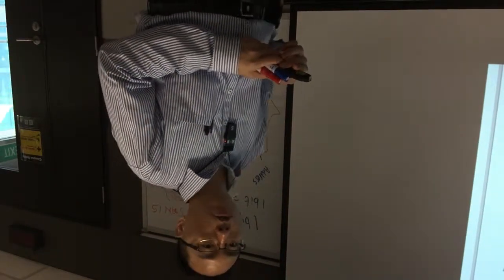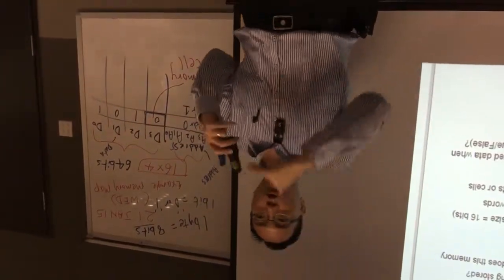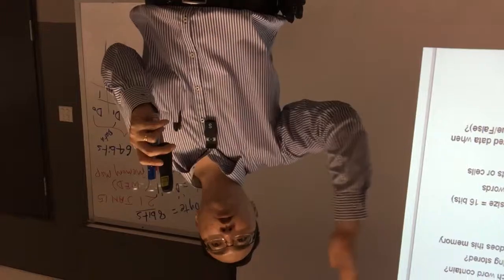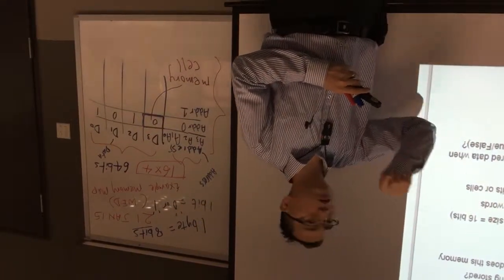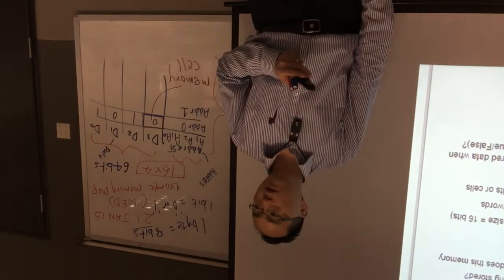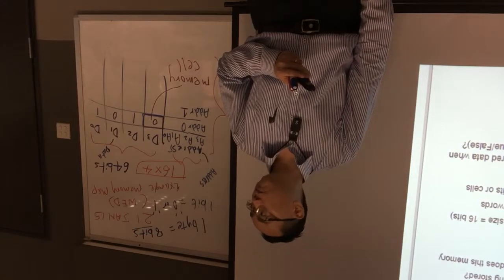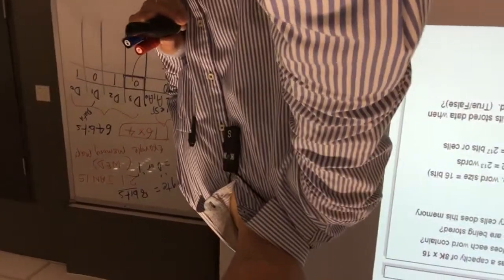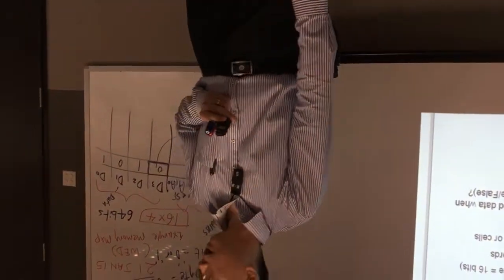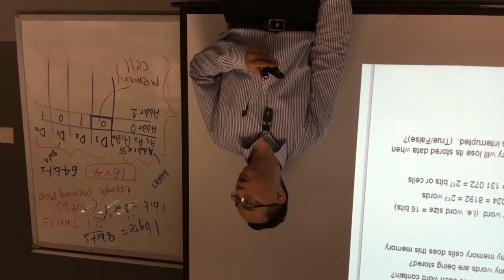So in order to calculate the capacity, I remember I told you the number of rows times the number of columns. It's already 2 to the power of 13. You have to work backwards. You take log or ln, inverse log. Take the natural log, ln 2.